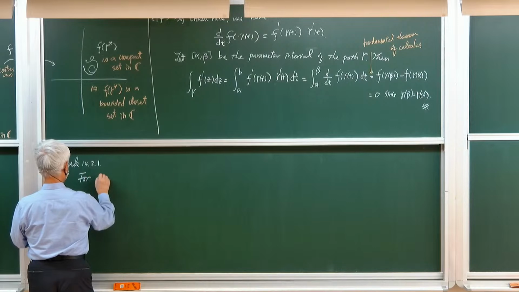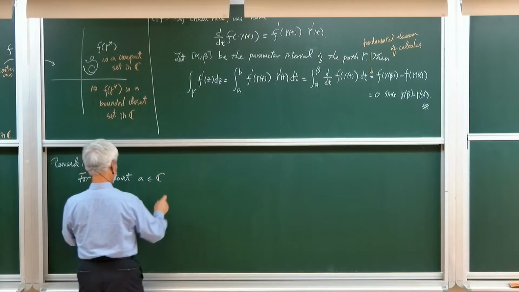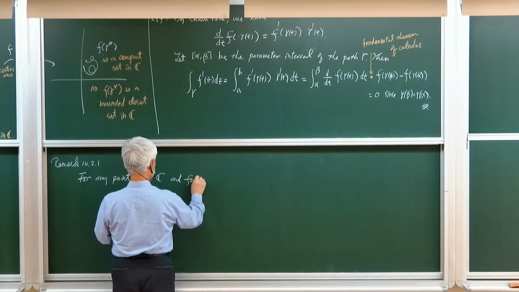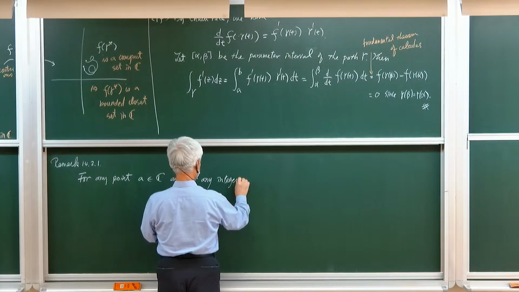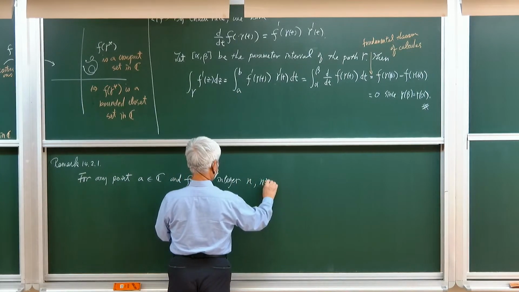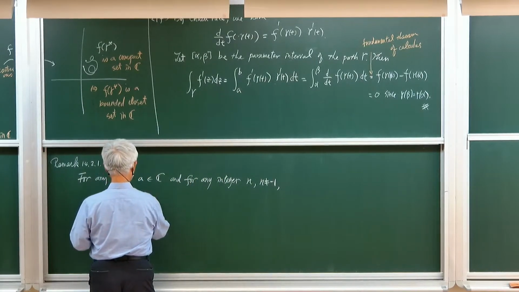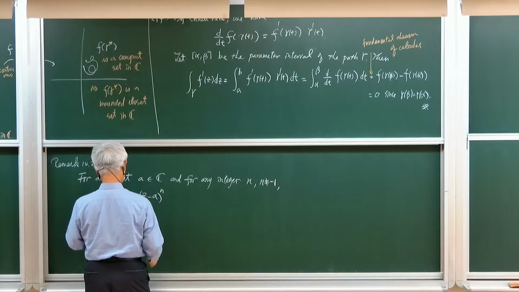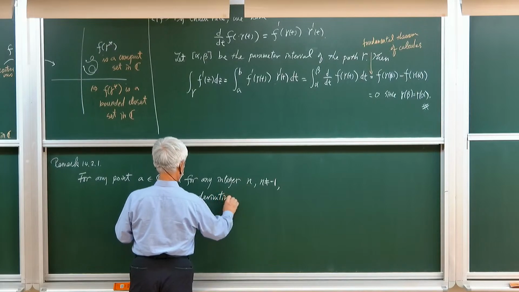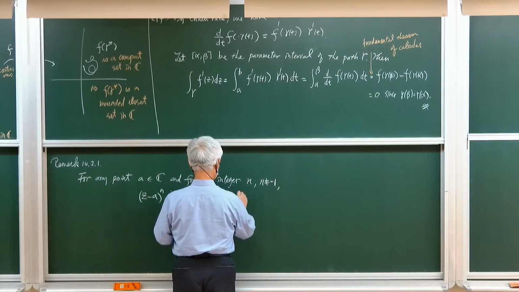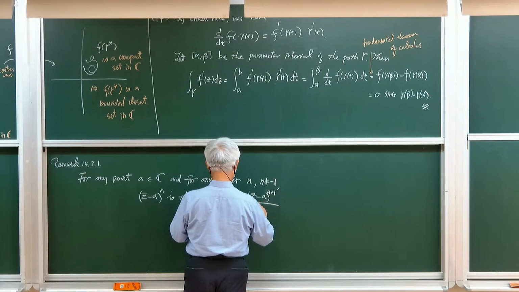For any point a in C, and for any integer n which is not equal to -1, we consider that z minus a to the nth power is the derivative of (z minus a) to the n plus 1 divided by n plus 1.